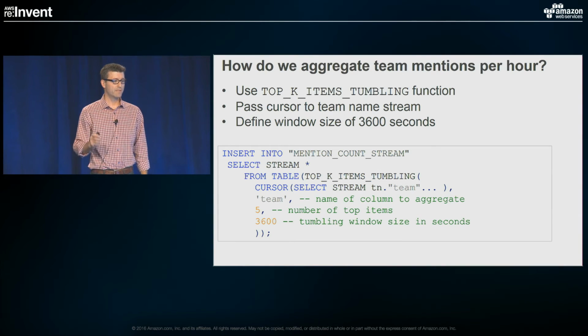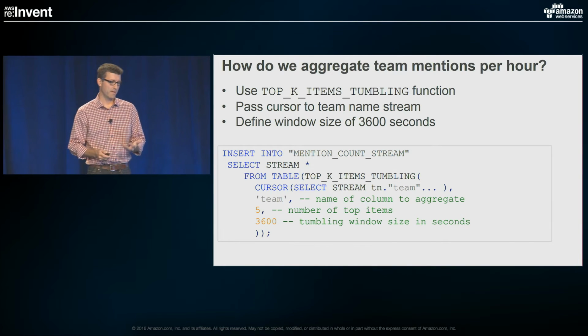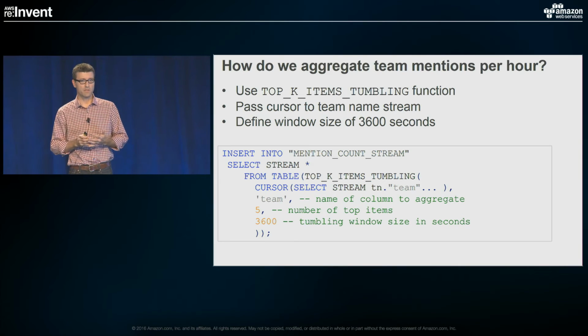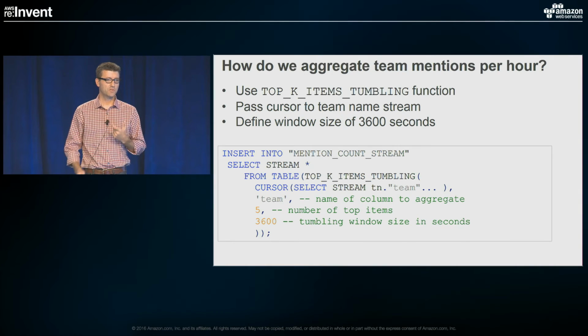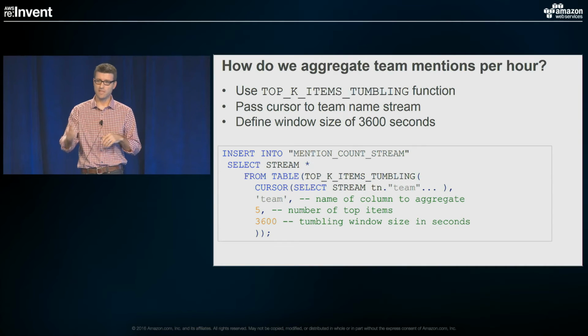And then how this function in particular works is you give it a cursor to a stream, and you provide a couple of parameters. You say, here are the number of items I want you to count, and then here's the window size. In this case, I'm giving it a cursor to a stream. That stream just happens to be that stream that I created earlier that has all the team names.